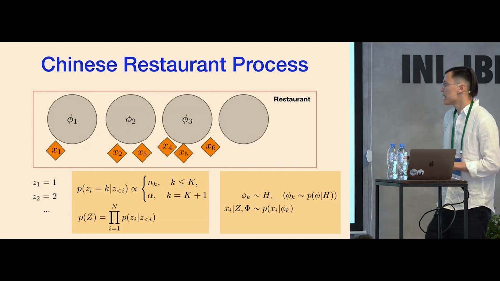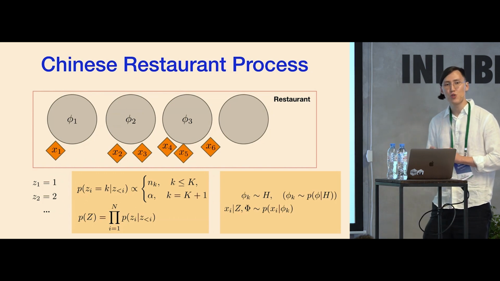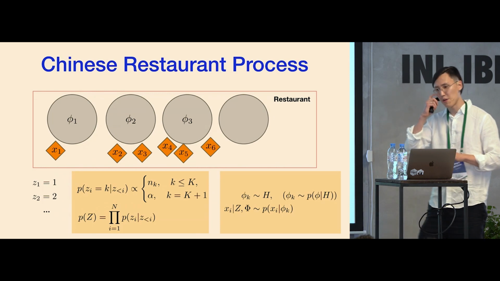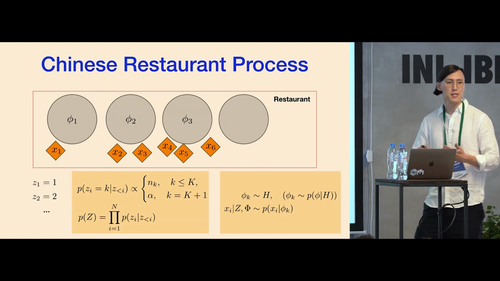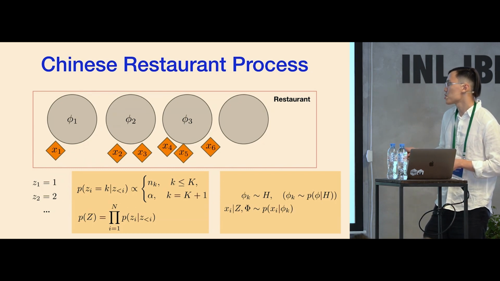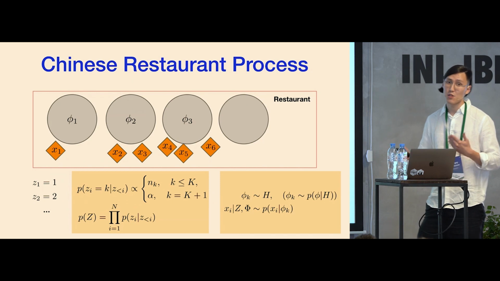And also, remember, we had an issue: we couldn't decide how many classes we should use, not because we cared about the predictive performance, just because we couldn't agree on what to treat as an individual cluster. So here, in this process, we have this parameter alpha that decides a priori with what probability we should create a new cluster.